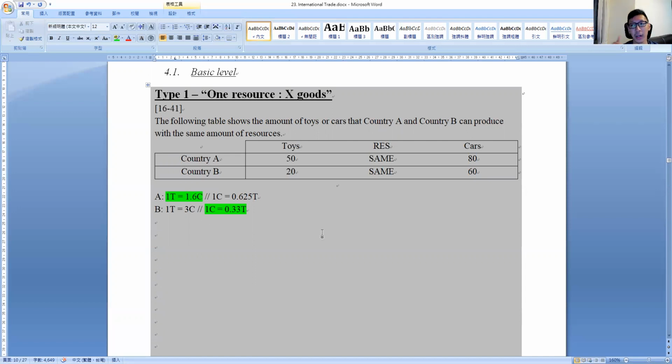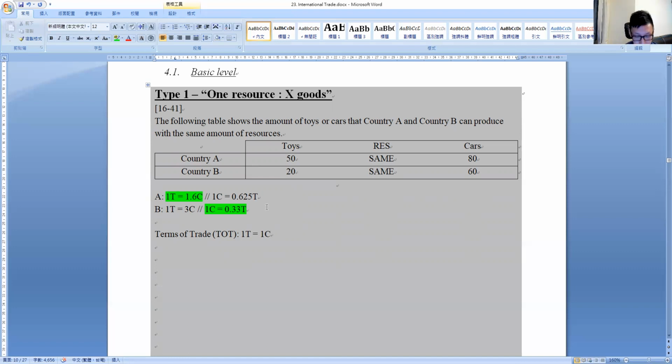In economics, we assume when you do trading, you use one product in exchange for another product, the barter system, so to speak. So let's imagine the terms of trade, which I call the TOT. Let's make it simple: 1T in exchange for 1C. One toy for one car.